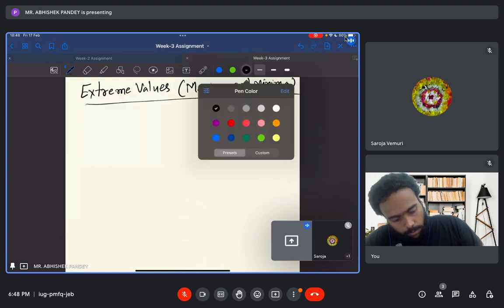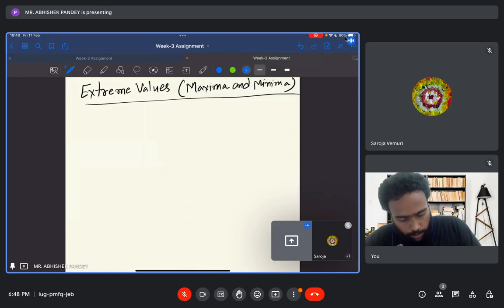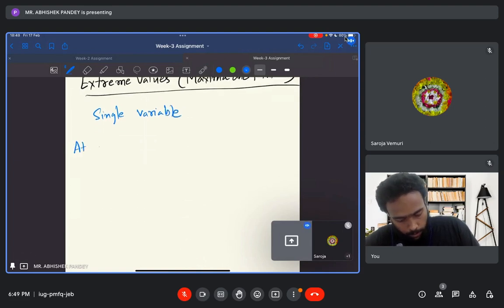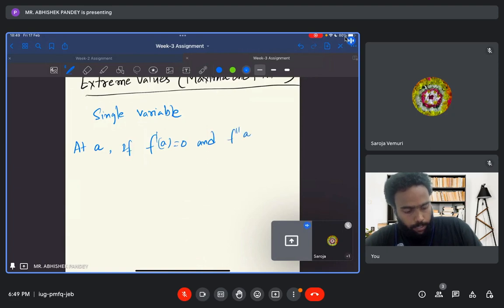In the case of a single variable, we know the results. Let us say at point A, if f dash is 0 and the double derivative is less than 0, then A is a local maxima.